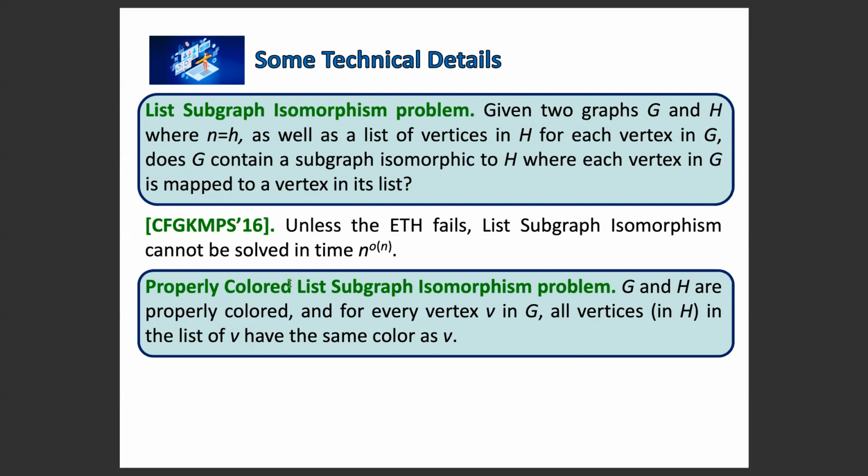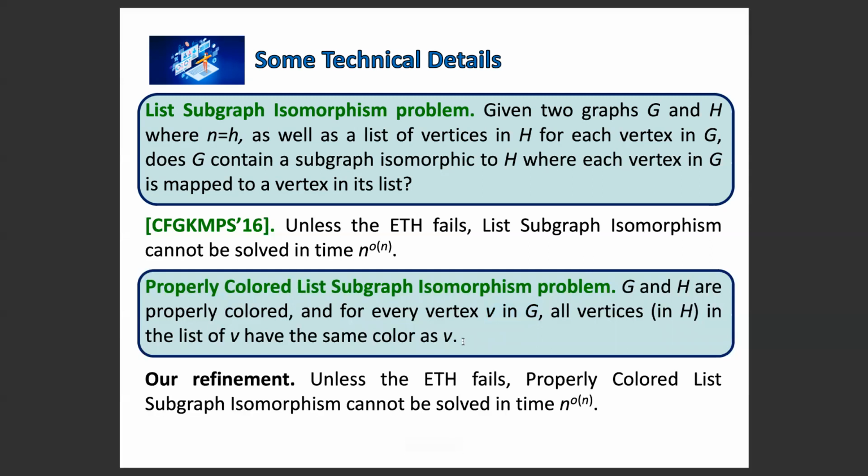In the input, we also have these proper colorings of G and H. And moreover, for every vertex v in G, all the vertices which belong to H and are in the list of v have the same color as v. So we have this additional restriction on the lists. Then we showed that unless the ETH fails, even this special case cannot be solved in time n to the little o of n, and this new property will be useful. I will try to give some intuition about the place where we use it soon.